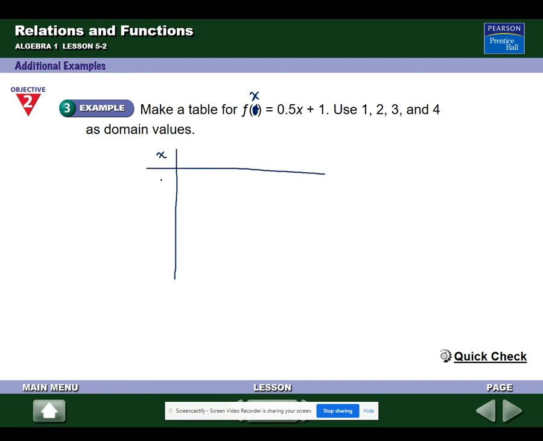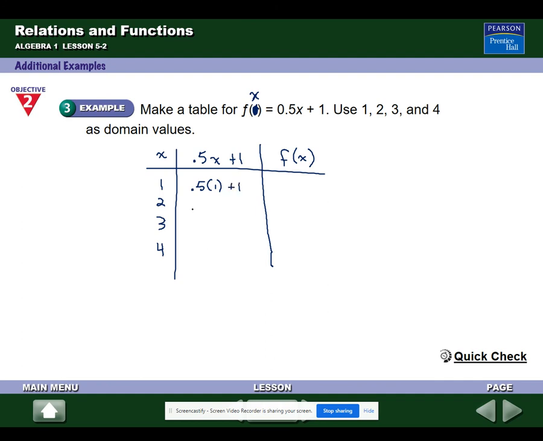Here's x. They give us 1, 2, 3, 4. They also give us 0.5x plus 1. And then the output would be what you're used to probably calling y, that we're now going to call f of x.